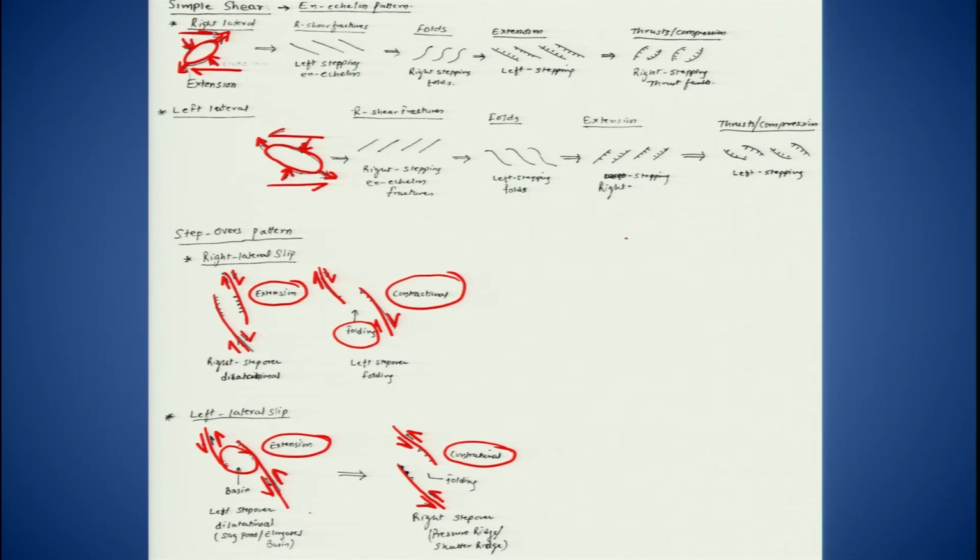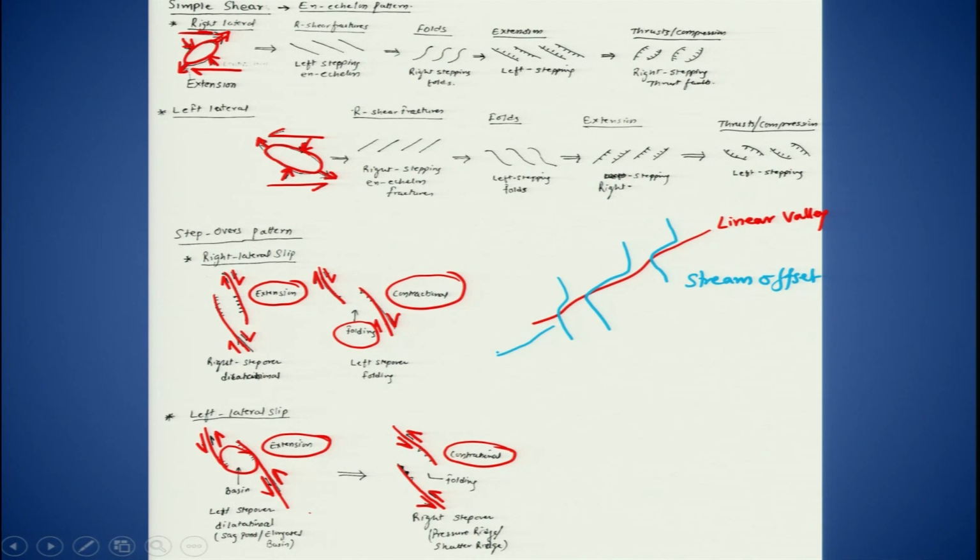So what we were talking about is the formation of linear valley. Then we were talking about stream offsets. Then for example, this we are taking as right lateral.